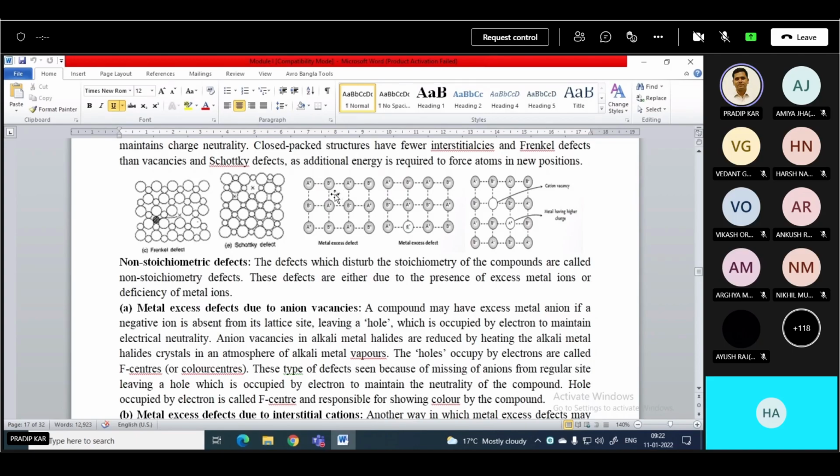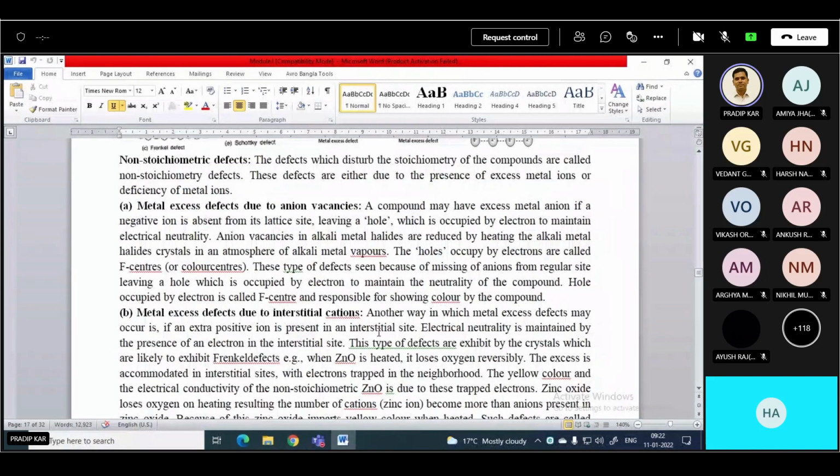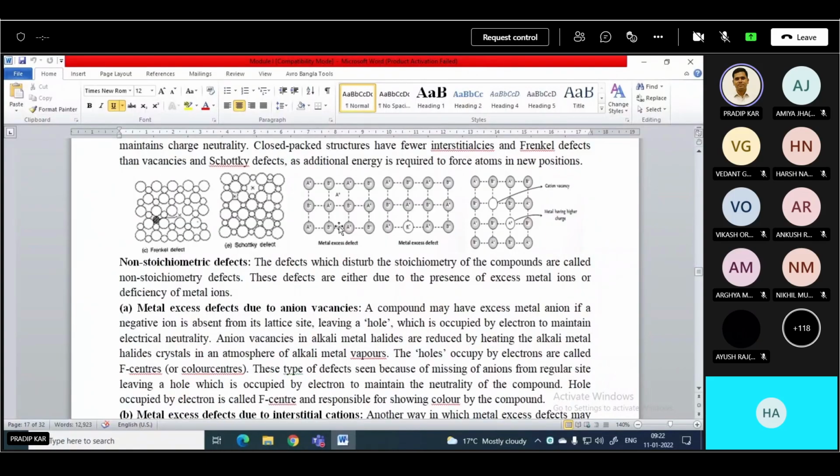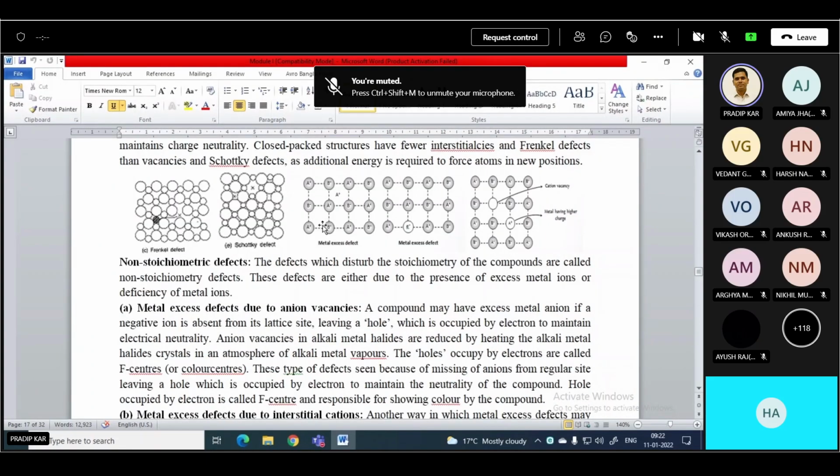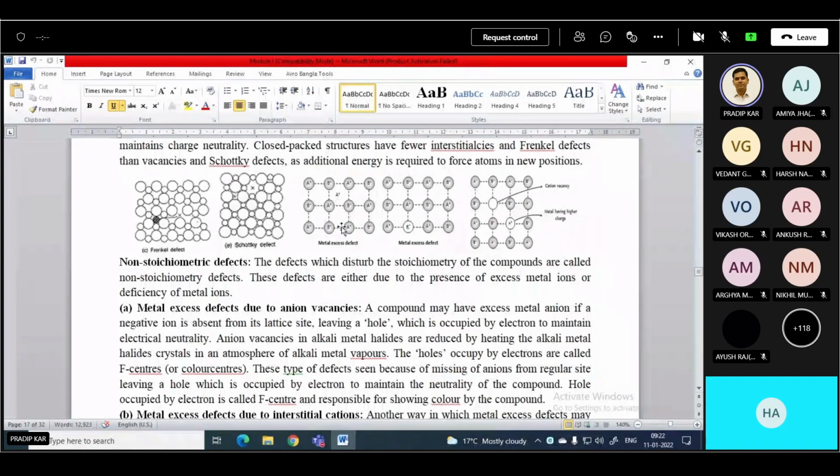If an extra cation is present, then the crystal must have extra charge, but that is maintained by the presence of an electron at the interstitial site. So one electron is also present at the interstitial site with that cation.